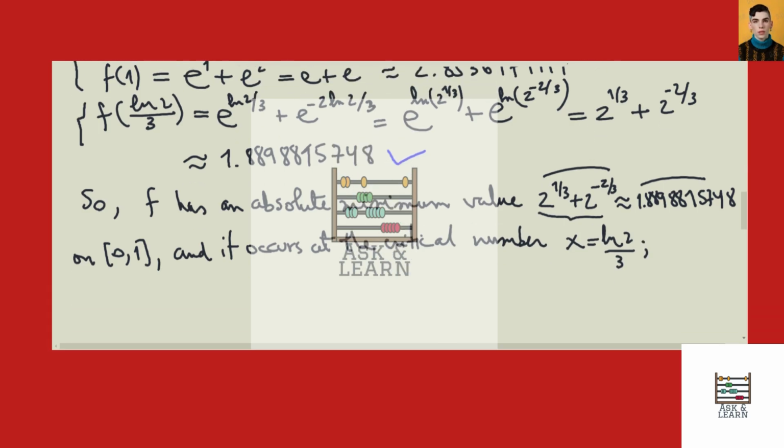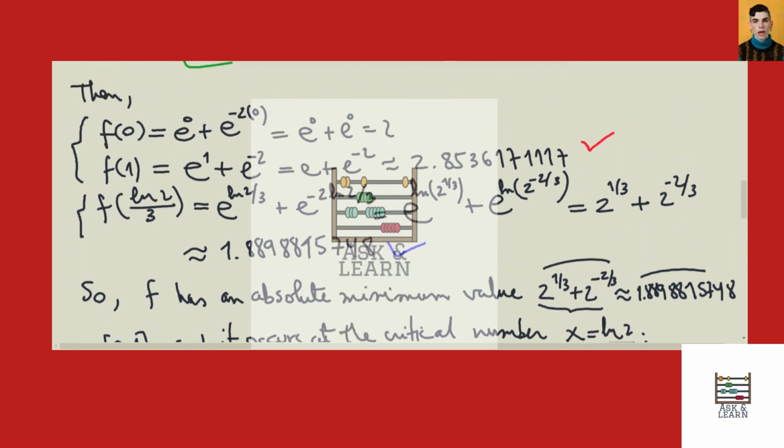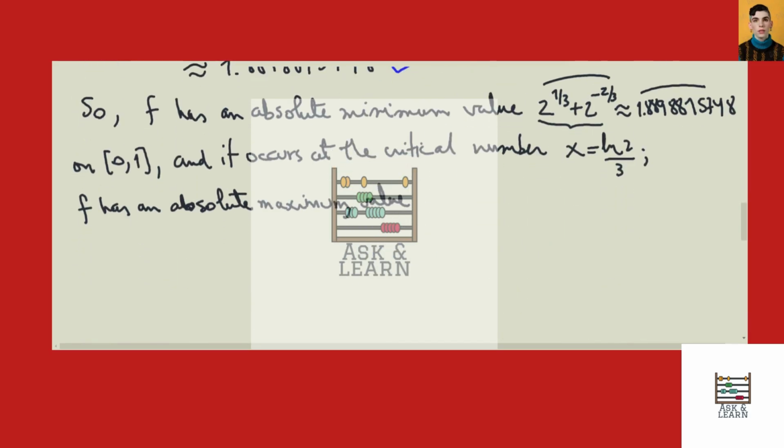Then we have that f has an absolute maximum value, that absolute maximum is 2.85, which is e plus e to the negative 2.